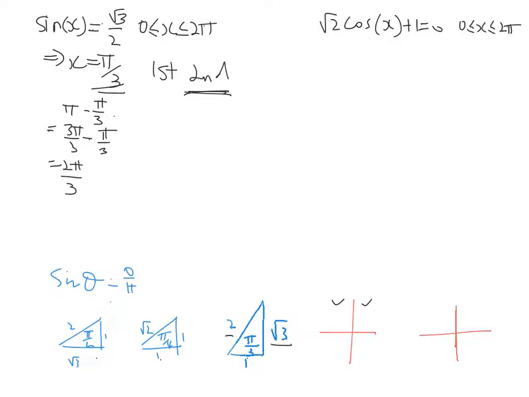We can look at that a slightly different way. If we're dealing with pi on 3, I'm going to draw a pi on 3 triangle there. So given that I've drawn my pi on 3, I've got root 3 and 2. Then I've got to draw another one in the second quadrant, and I've still got 2 and root 3.